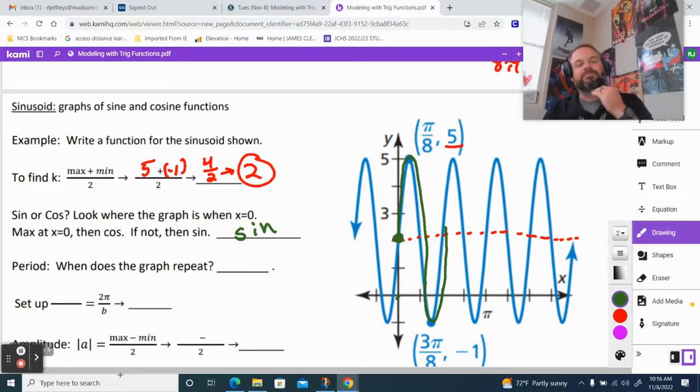Okay, so our period, when does it repeat? All right. It starts here. It does a full cycle right here. Okay. Now, if this is pi and this is halfway between 0 and pi, what is our period?